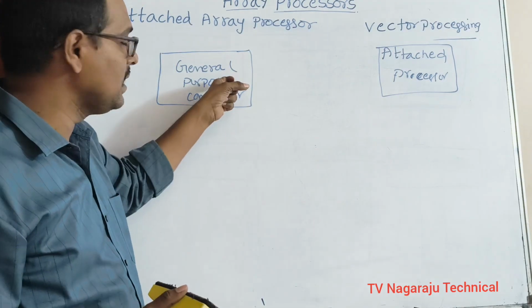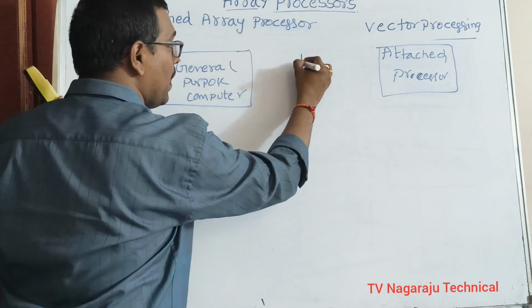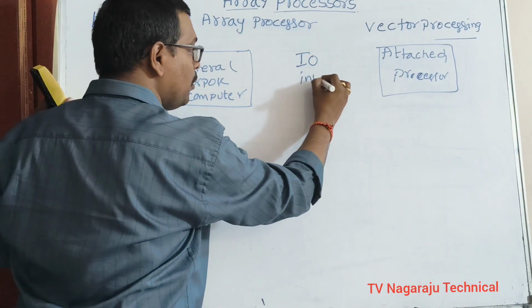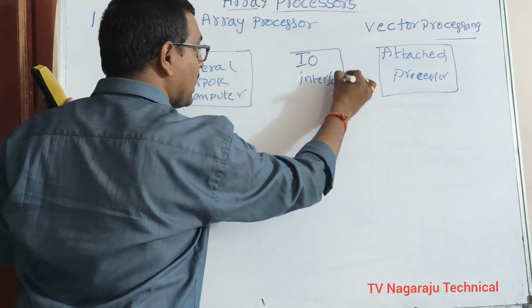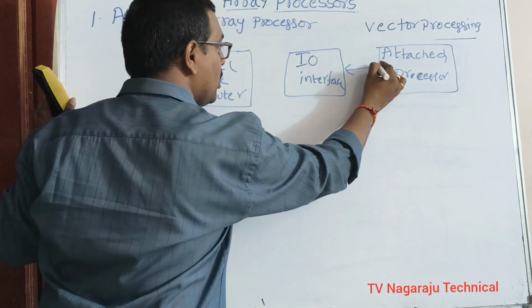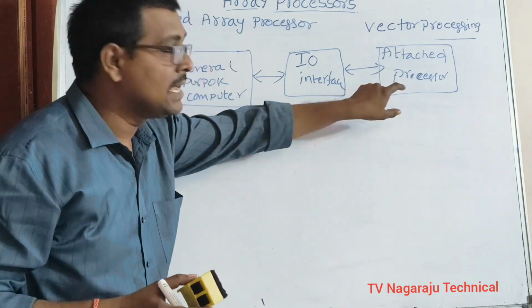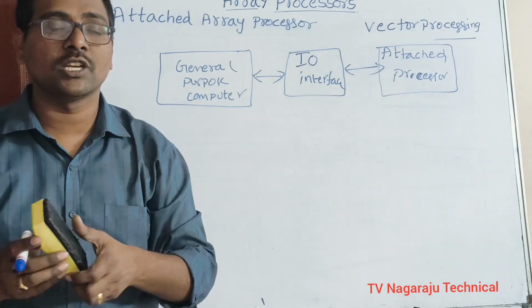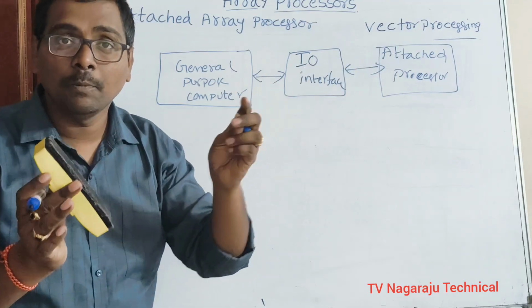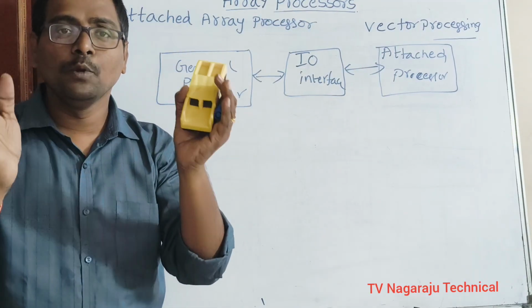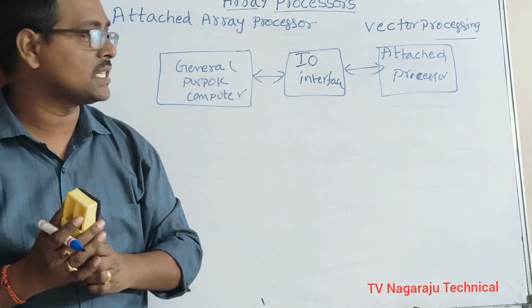How is a peripheral device connected to the computer? By using an input-output interface, we connect the processor to the computer. Now what is the purpose? To enhance the performance of computations by applying vector processing, which serves multiple scientific applications.